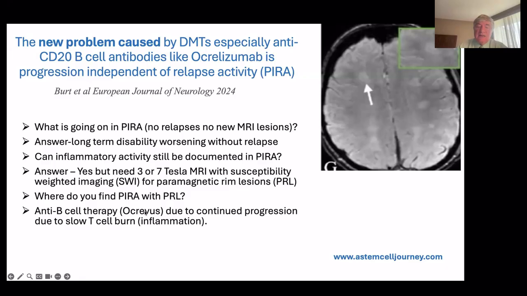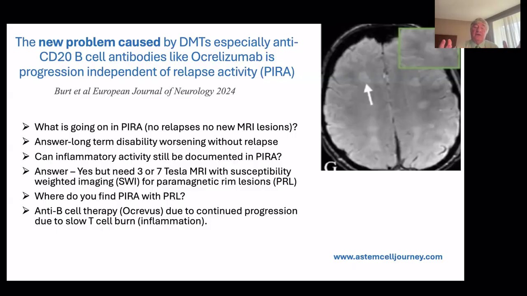So where do you find PIRA? Usually with anti-B cell therapy. Again, that's where you find it. The problem is that Ocrevus treats B cells. It decreases their number. It's an antibody to CD20 on B cells. It doesn't touch the T cell, which we use in animal models to adoptively transfer the disease. So the slow burn of the T cell continues.